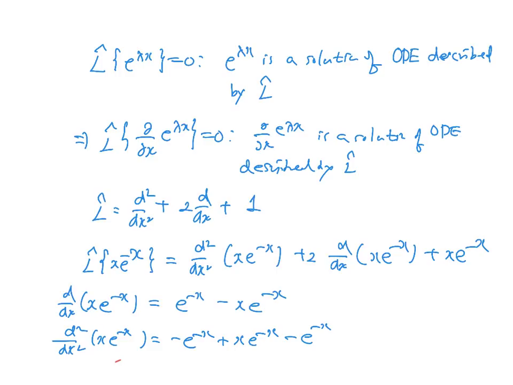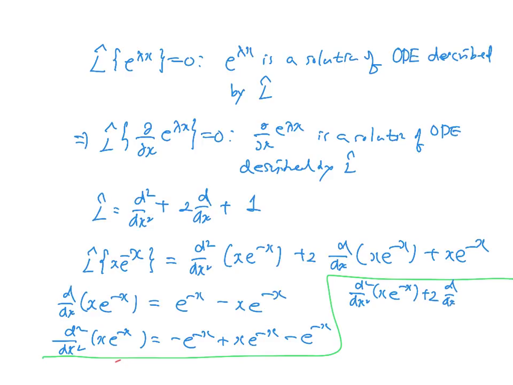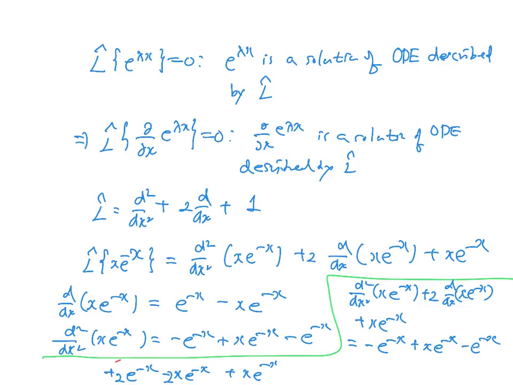So combine them together: minus exponential minus x plus x exponential minus x minus exponential minus x, plus 2 times exponential minus x minus x exponential minus x, plus x exponential minus x.